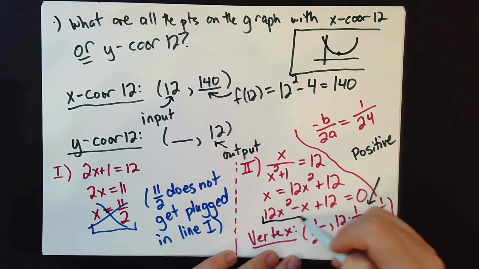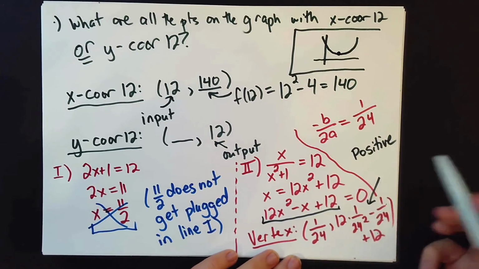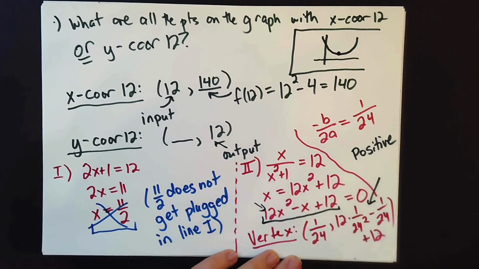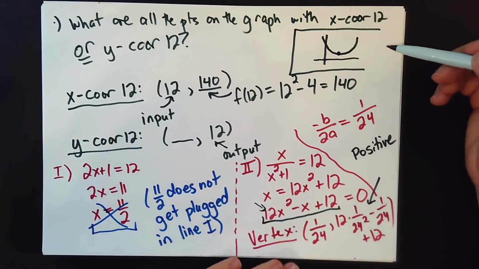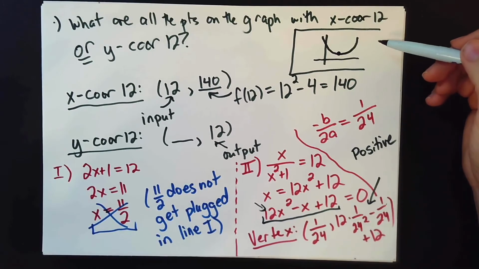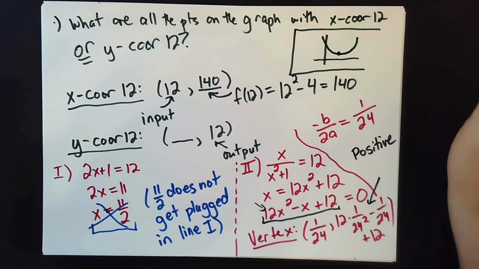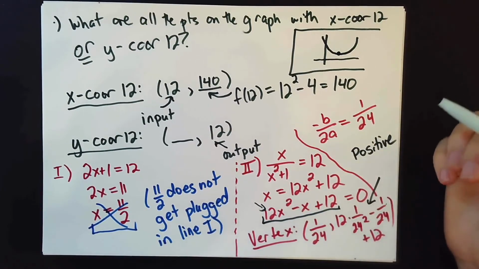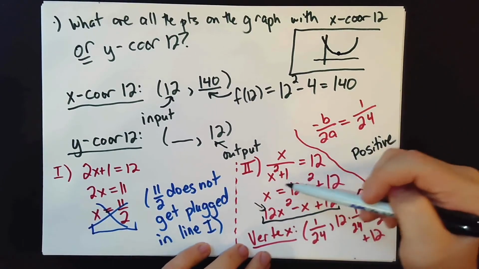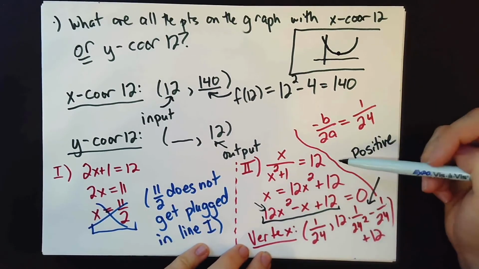So which way does this parabola point? Well, it points up because of this 12. It's positive, so it points up. And so the graph looks something like this. And so, in particular, the graph doesn't hit the x-axis, so there are no x-intercepts for this piece. So there are no inputs where x over x squared plus 1 gives the output 12.